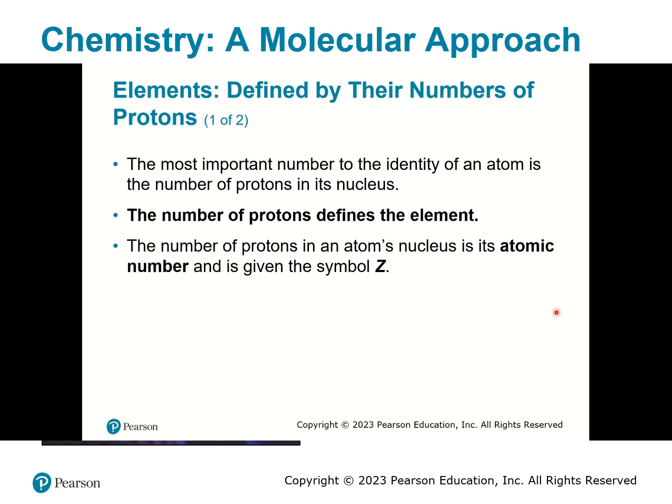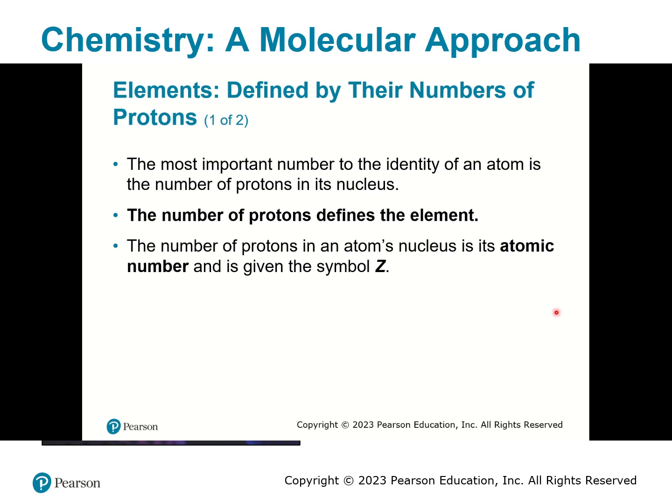The identity of an atom comes from its protons. That is the identity of the atom, and this will never change. This number is called the atomic number. If an atom has 6 protons, we know that it's carbon. If it has 8, we know that it's oxygen.